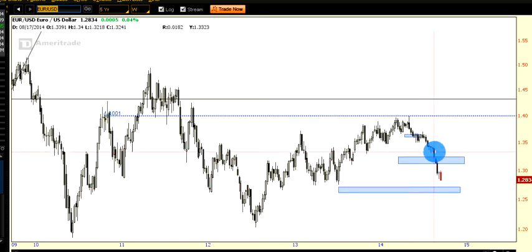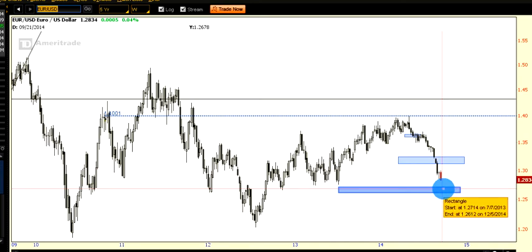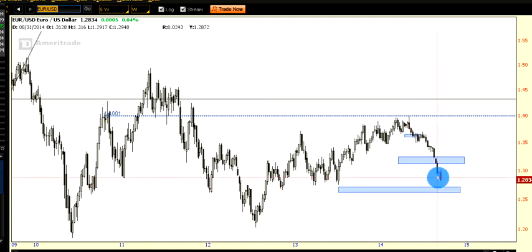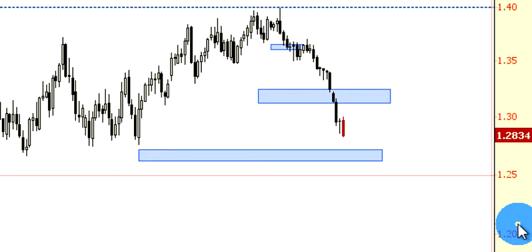Of course, I'm drawing these on here, but I'm really saying this is a logical place for it to stop. It doesn't mean that it has to stop there. It's just a place that it could stop. And if it does stop here, it'll probably bounce, kind of zigzag its way up, and give us another look before it makes its next move in some direction.